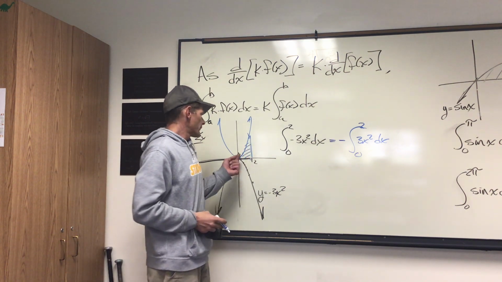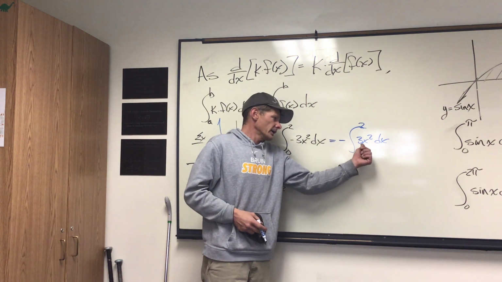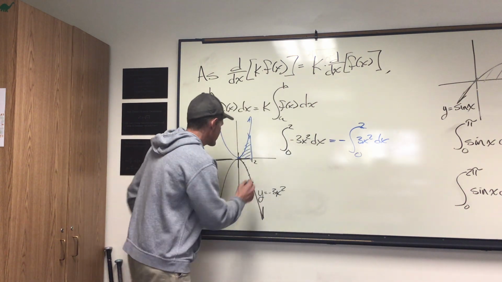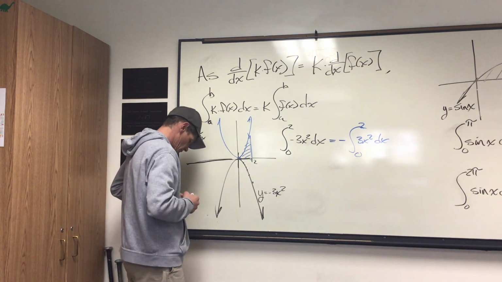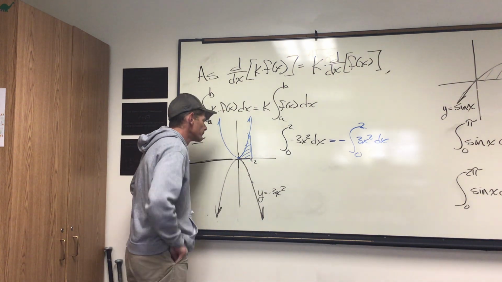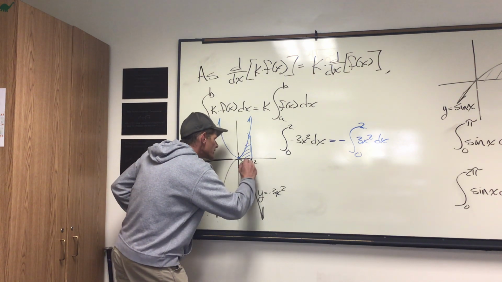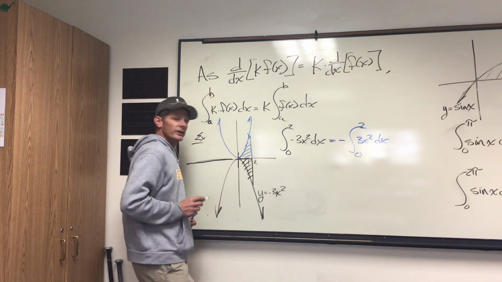Right? But if this integral is just the opposite of this, then the original integral is giving us this area here.